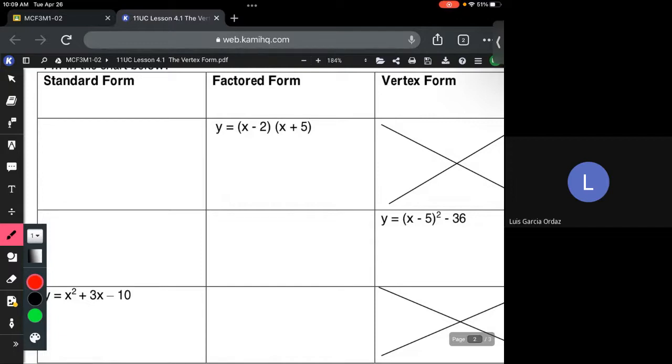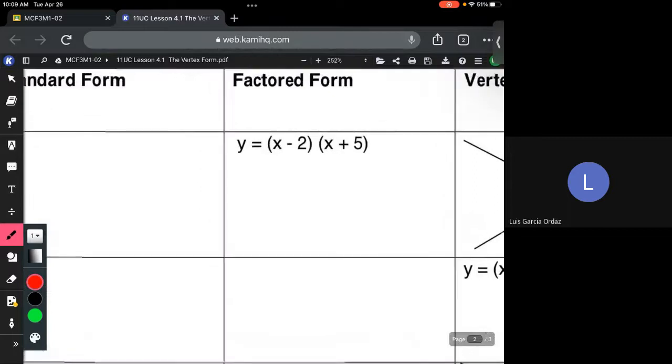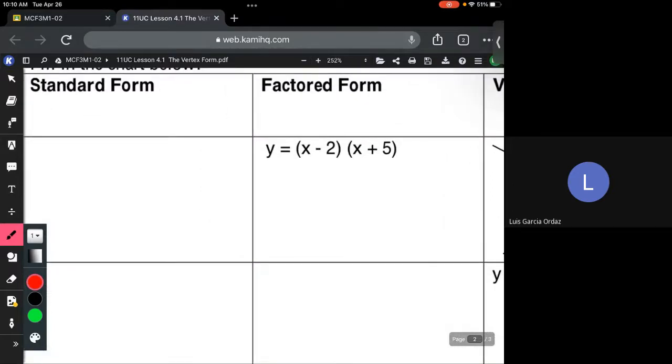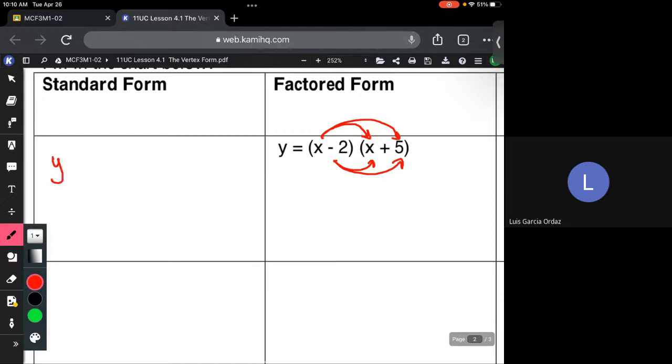So our first one is in factored form. How can we go back to standard? What do we need to do? Foil. So to go from factored to standard, I just have to foil. Who can tell me what my standard form is going to be? Jade?